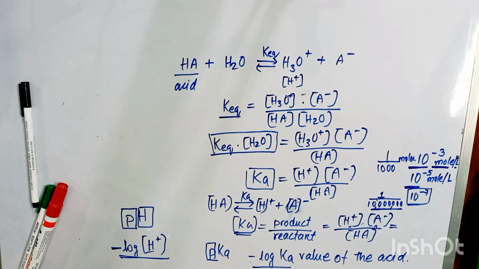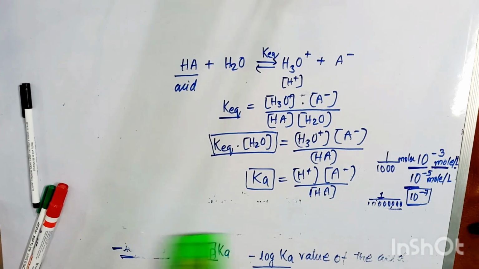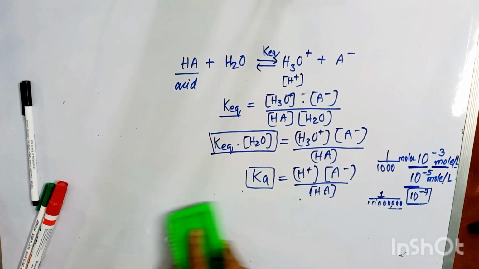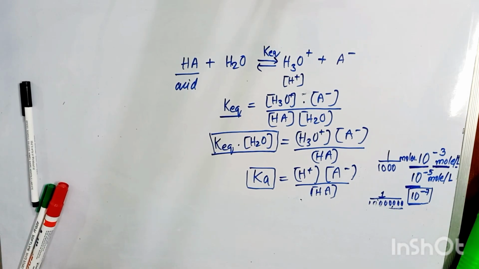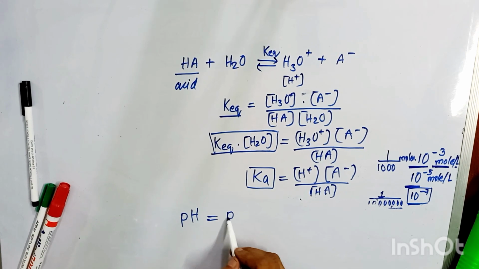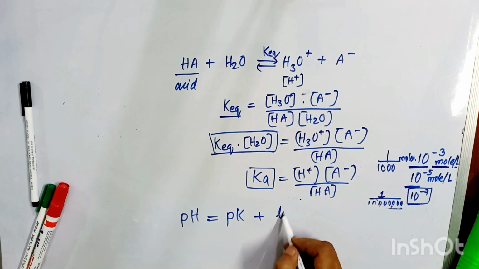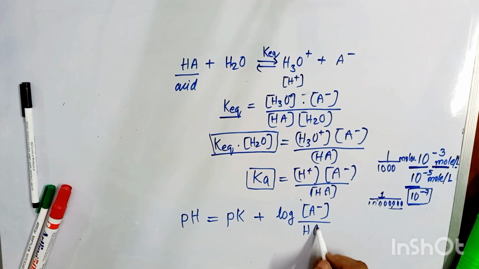Now I'll go to an equation which is called the Henderson-Hasselbalch equation. So what is that equation? It is pH is equal to pK plus log of A minus by HA.